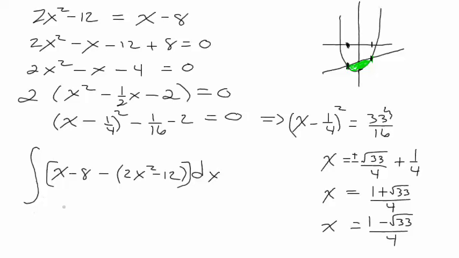So our lower limit is 1 minus the square root of 33 over 4, and our upper limit is 1 plus the square root of 33 over 4.